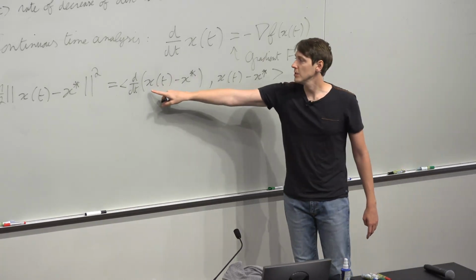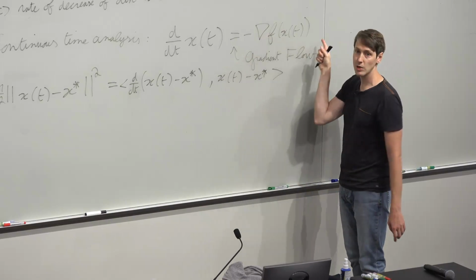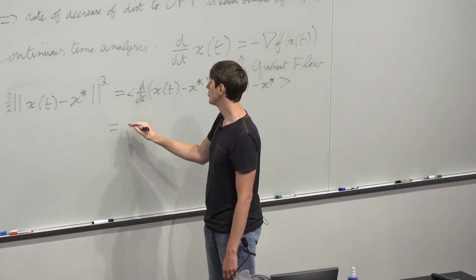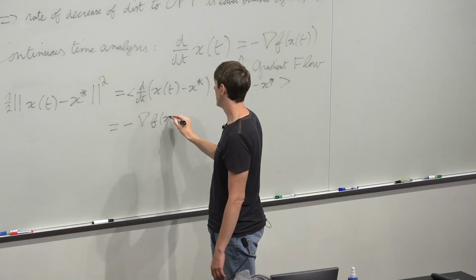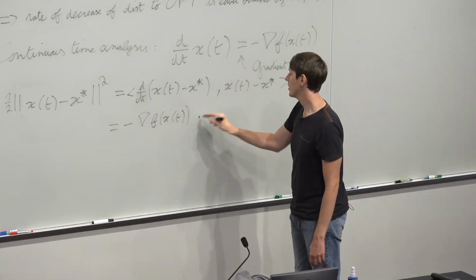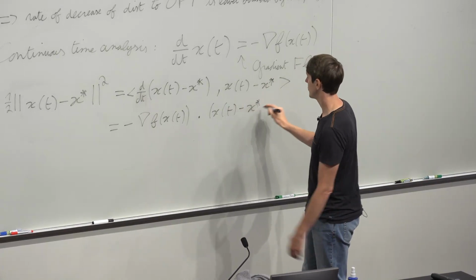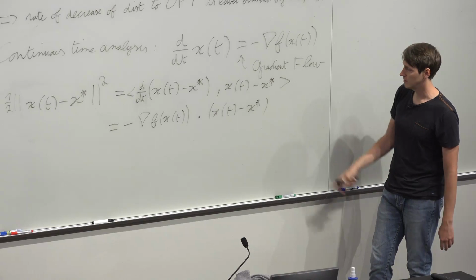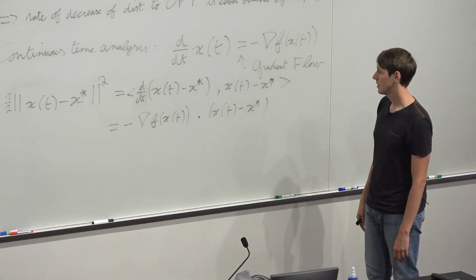So what is d over dt of x of t minus x star? Well, by definition, it's minus grad f of x t. x star is not moving. So this is equal to minus grad f of x of t, inner product with x of t minus x star. Sorry, I use two different notations for the inner product, but there is no reason for it.